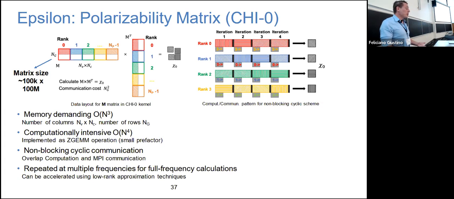Additionally, if you are interested in the full frequency calculation, you have to perform one of these matrix operations for all frequencies. But recently we have introduced an approximation which allows you to greatly speed up the evaluation of the full frequency part of the epsilon matrix by using a low rank approximation of the static polarizability. I'm going to expand on this in a later slide.